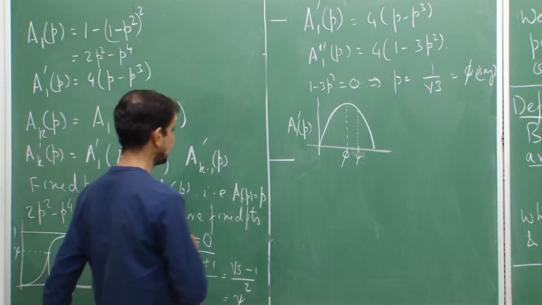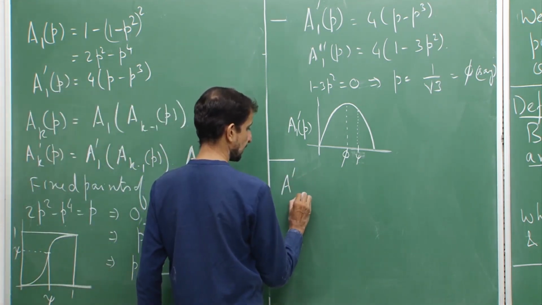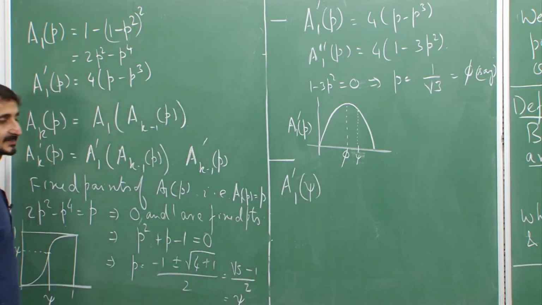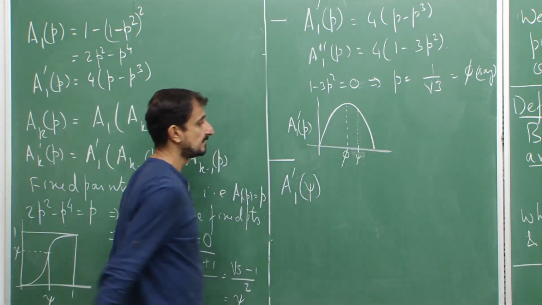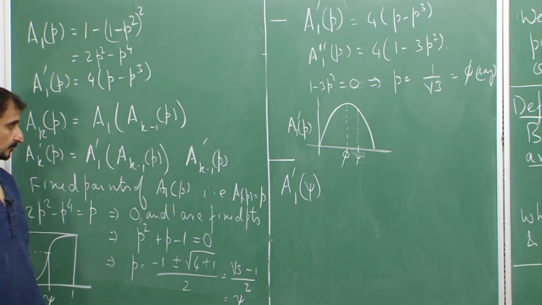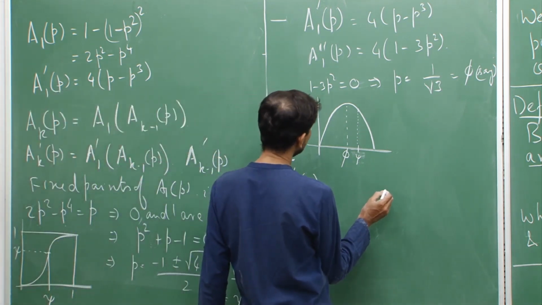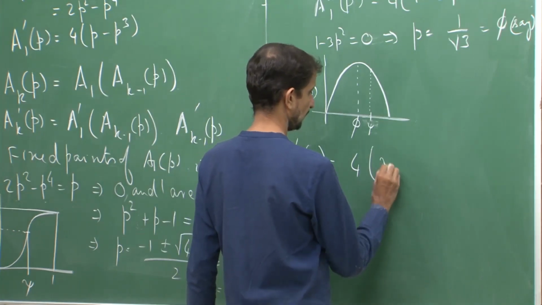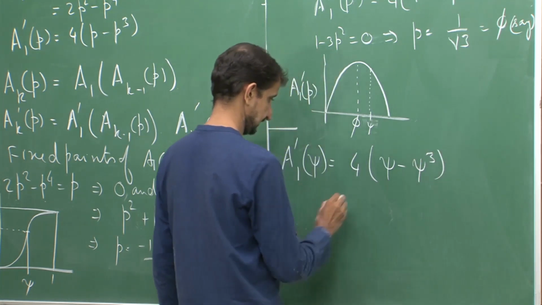One more property that I want to show is what happens to the derivative when the argument is psi. That is basically, at this point what is the value that the function takes? So, let us substitute. We have 4 psi minus psi cube.